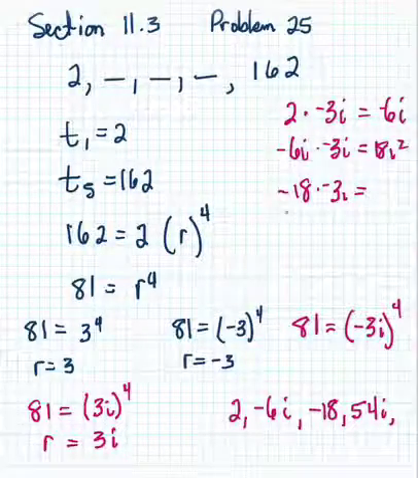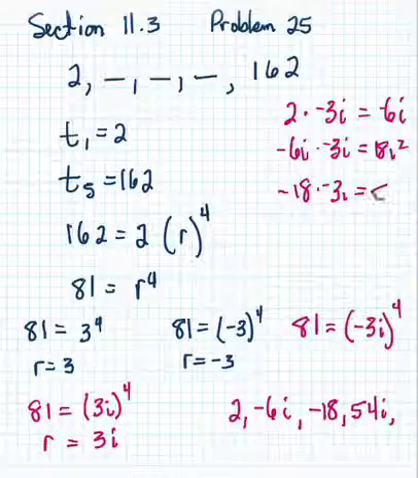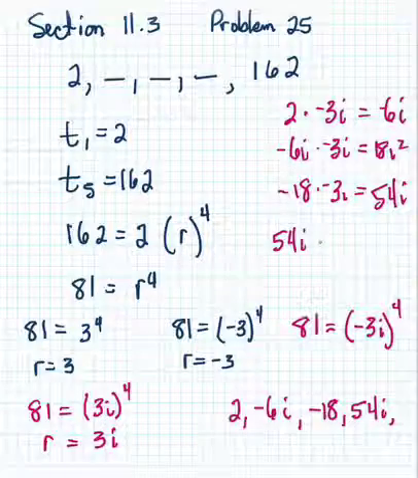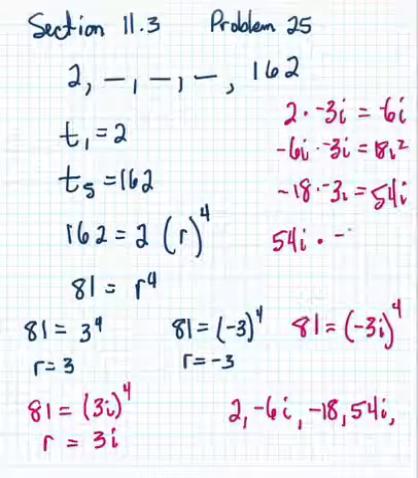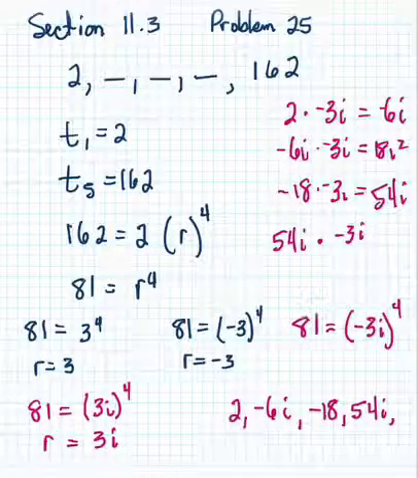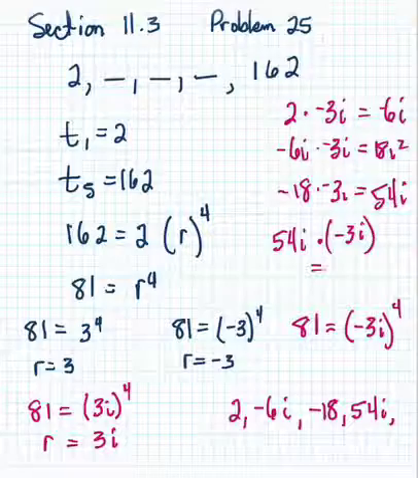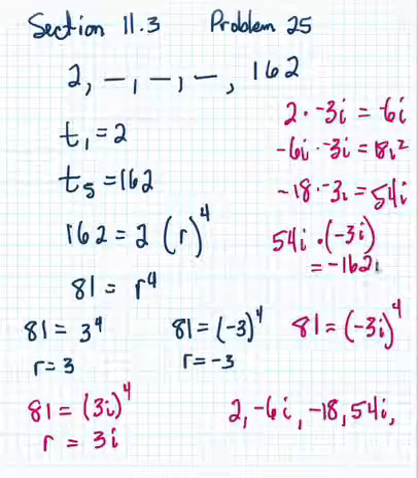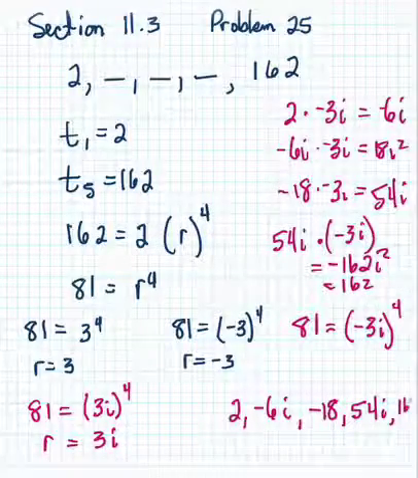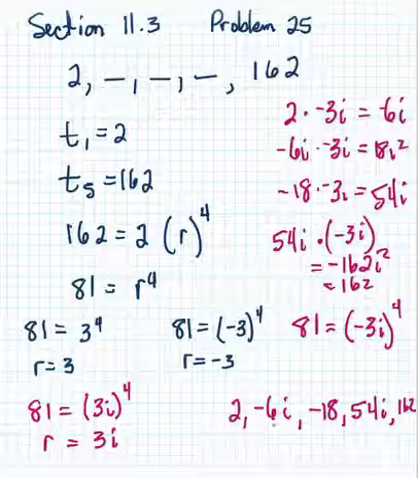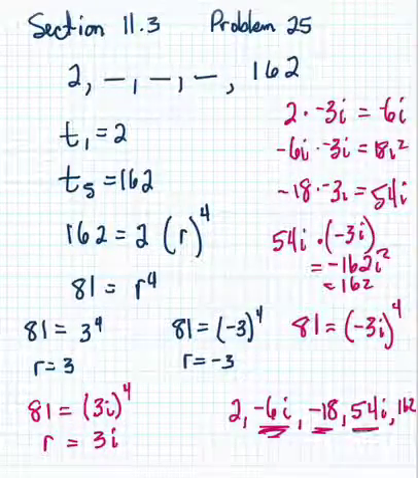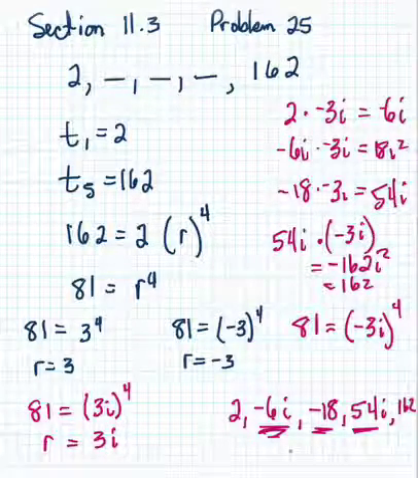Let's make sure: 54i times the common ratio, negative 3i, equals negative 162i squared, which is a positive 162. Sweet, it had to work. So negative 6i, negative 18, and 54i would be the other three geometric means.